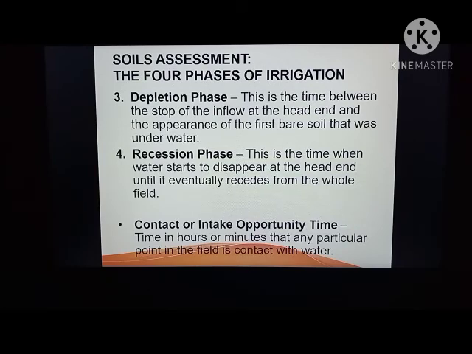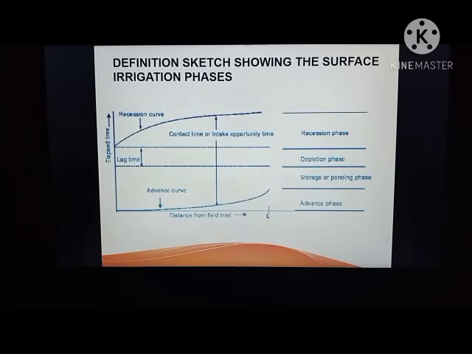So in the recession phase, this is the time where the water is going to infiltrate the soil. The contact or intake opportunity time, in hours or minutes, is the time that any particular point in the field is in contact with water. This is the graph where the phases are located.